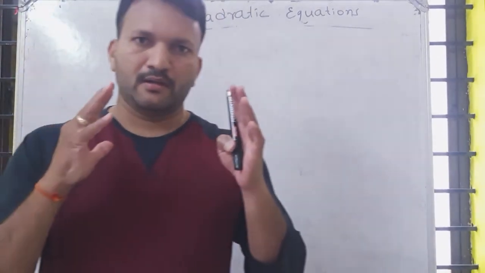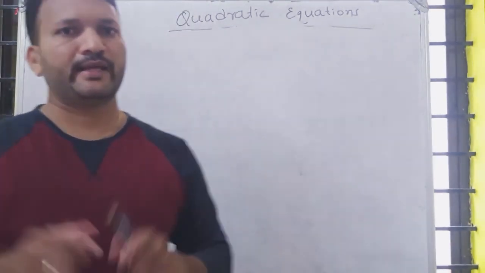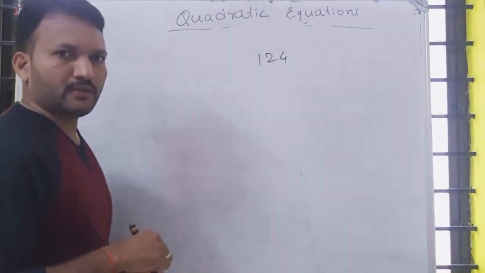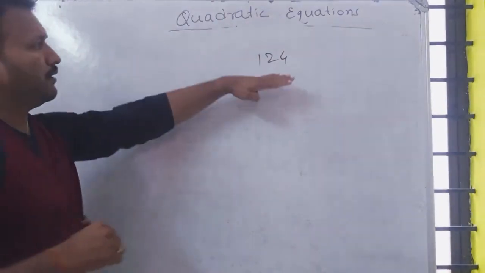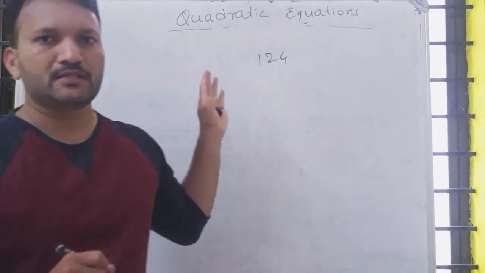After the loss, when they multiply their marbles, they get 124. Find the number of marbles of John and Jivanti.